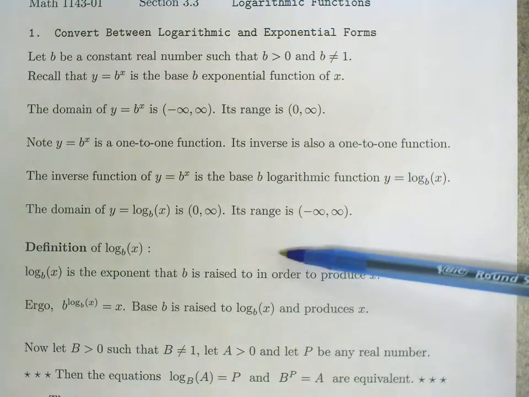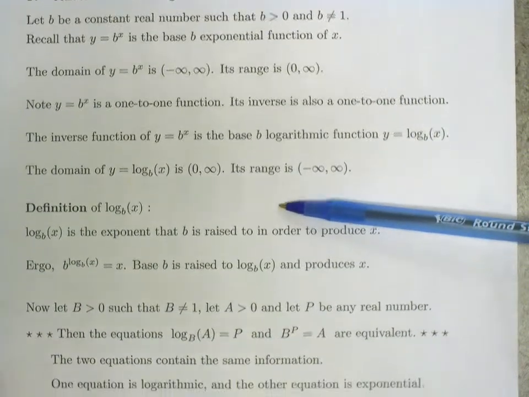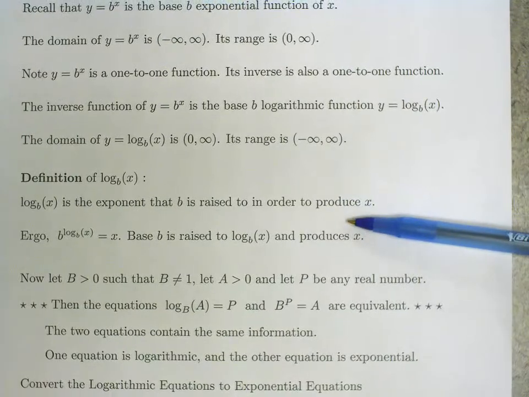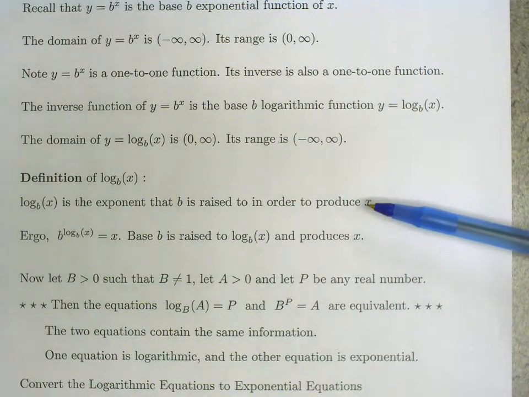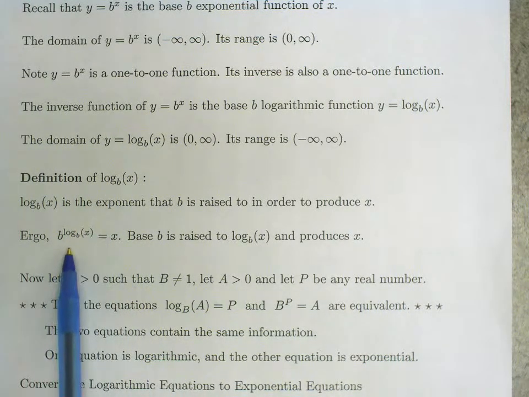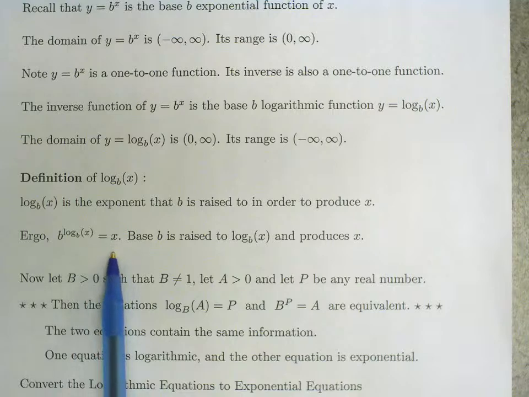And then the definition of log base b of x. Log base b of x is the exponent that b is raised to in order to produce x. So if we mimic the definition, then we can say b raised to the exponent log base b of x produces x.